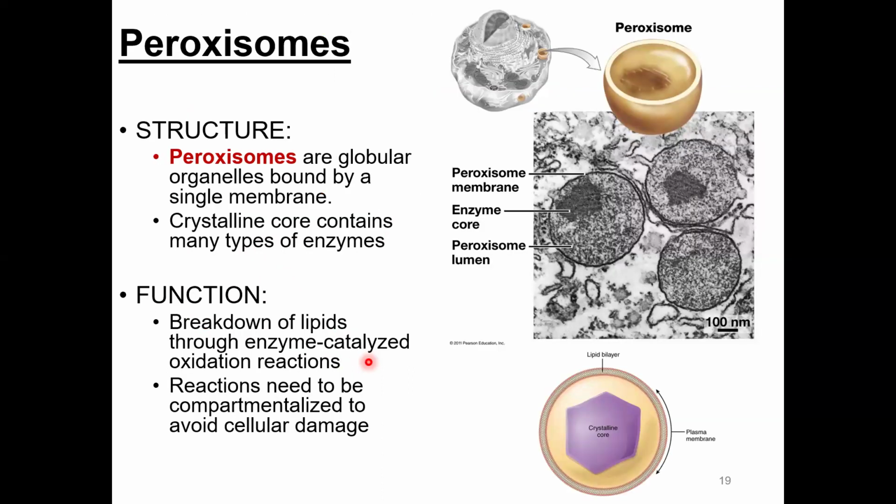So now we have a structure called peroxisomes. These are globular organelles that have a crystalline core with a single membrane, and the crystalline core contains many types of enzymes involved in breakdown through enzyme-catalyzed oxidation reactions, reactions that need to be compartmentalized to avoid cellular damage.